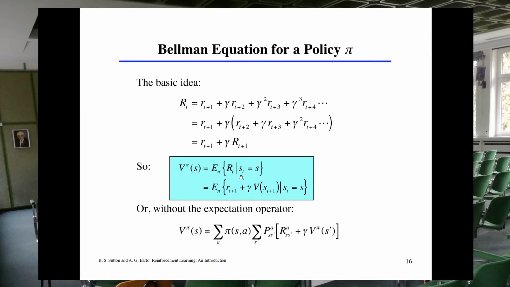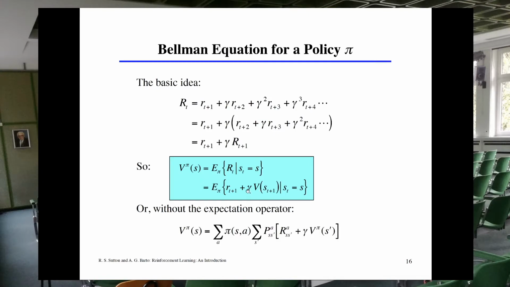Okay, and we were simply saying the value of some state s will be the expected reward that it will get in the next time step plus gamma times the value of the next state, starting in the next state in time step t plus 1.